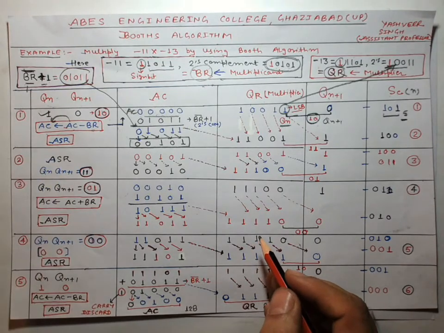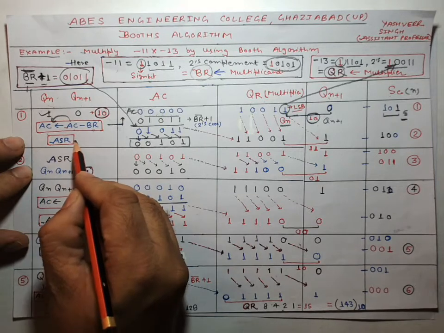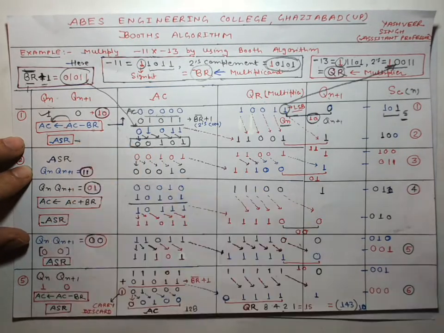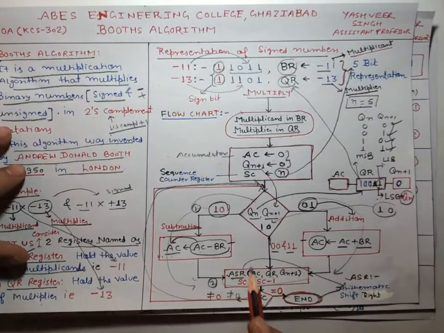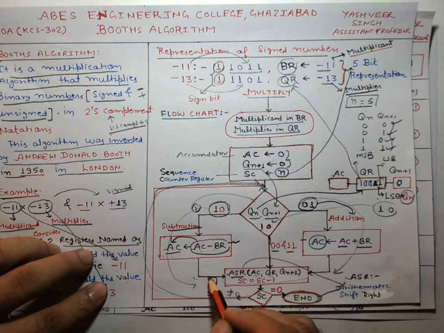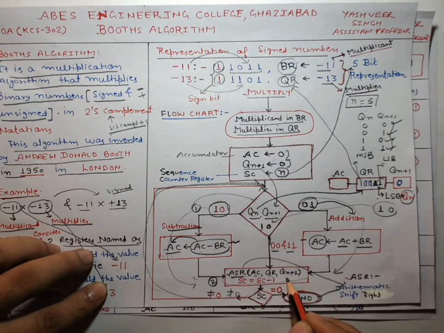Okay, and the next step is arithmetic shift right. If we have calculated the first step, then we have to go in the flow chart. You can see here, this step is complete. After that we go to this arithmetic shift right of accumulator, QR and Qn plus 1.